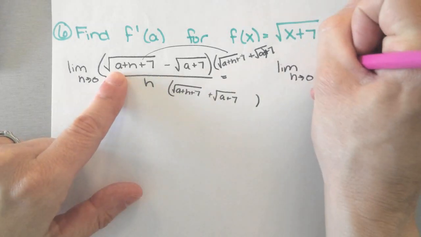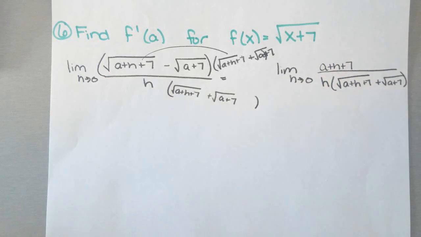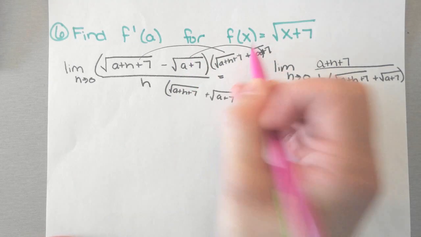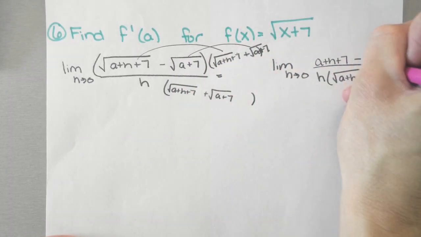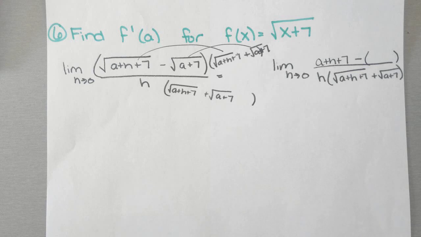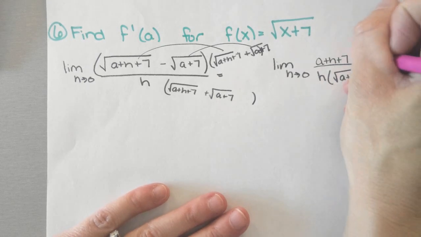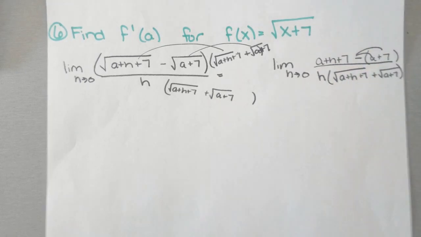So I get a plus h plus 7. Again, the square root counteracting the square. A negative times a positive is a negative, and it's going to be the whole bit that follows it that we are going to have negative. The square and the square root counteract, so a plus 7. So this is going to be a negative a minus 7.